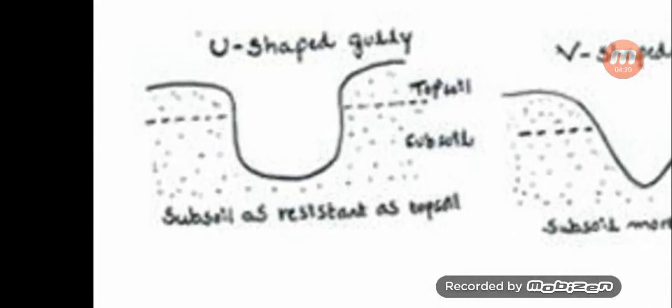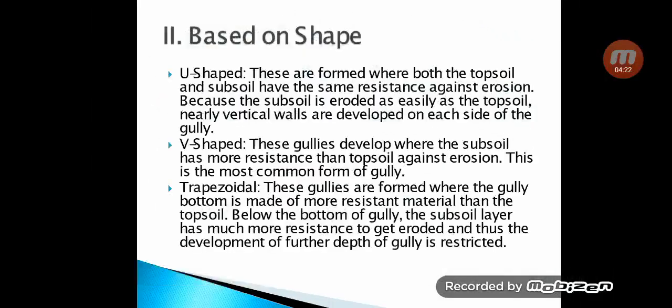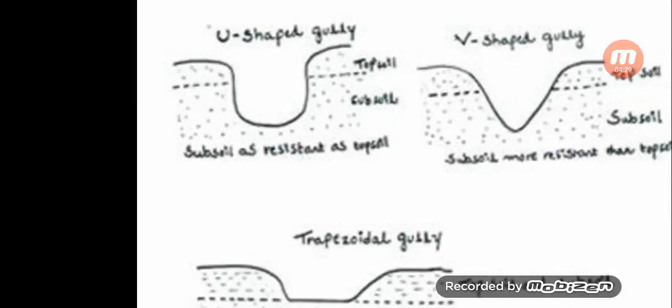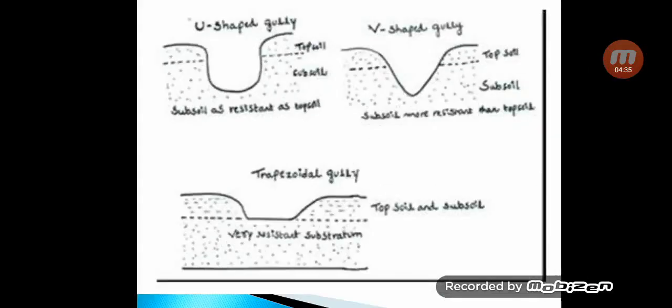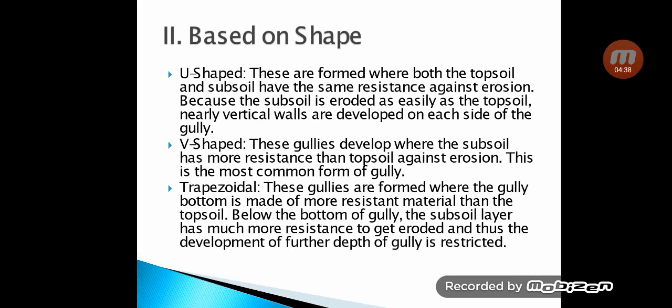Both these soils are equally resistant to the flowing runoff water against erosion. As a result, there is uniform erosion occurring in the topsoil as well as the subsoil. That's how U-shaped gullies are formed.